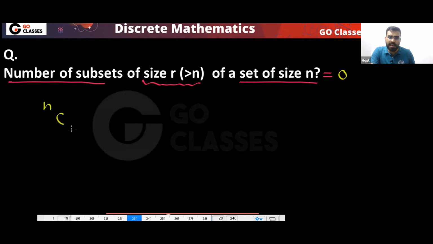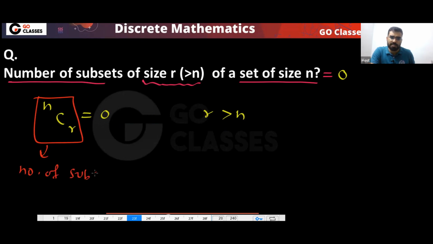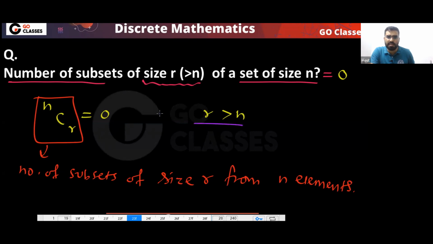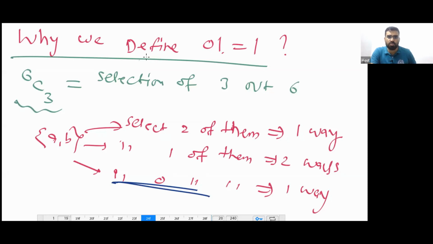So I can say nCr, when r is greater than n, is equal to 0, because this is the number of subsets of size r from n elements. So you can notice why we define it this way.